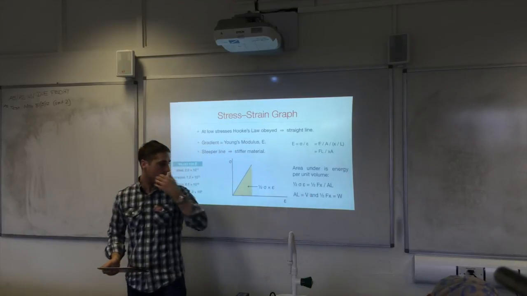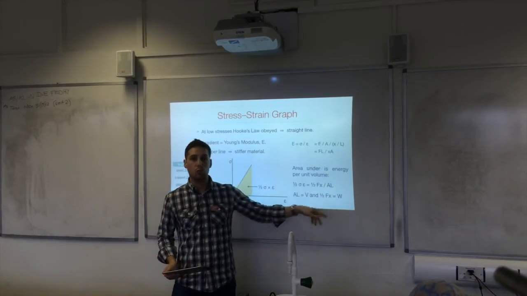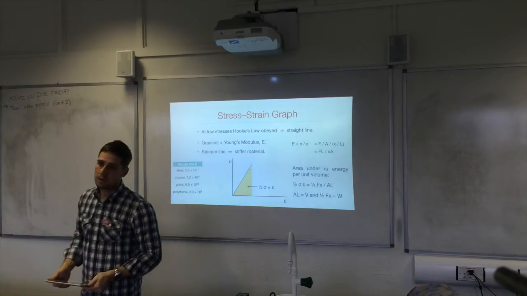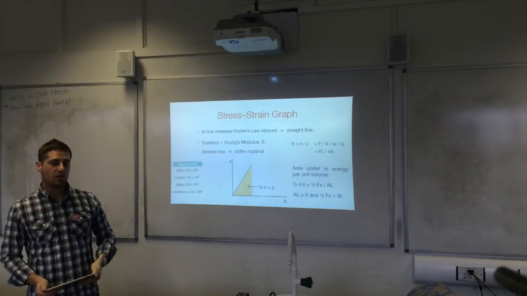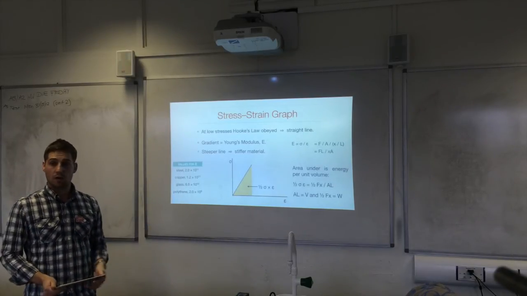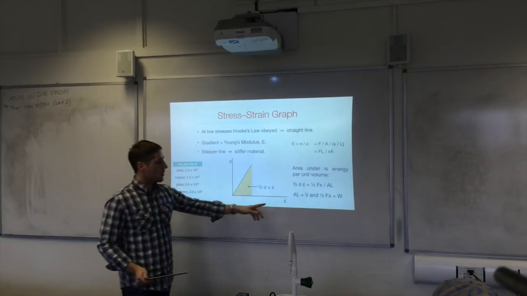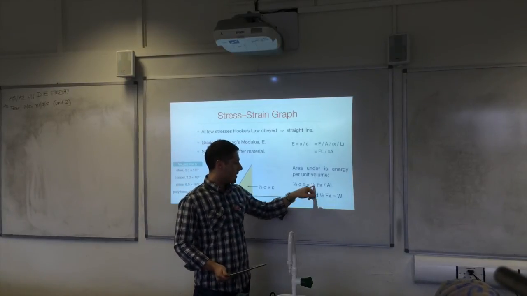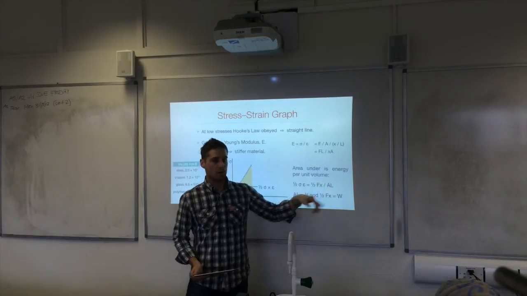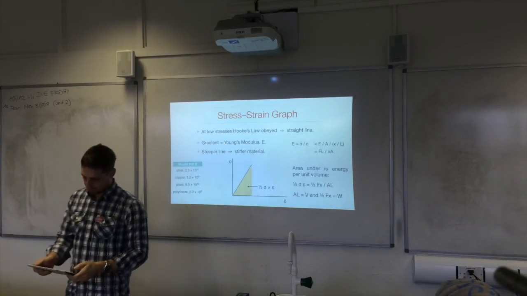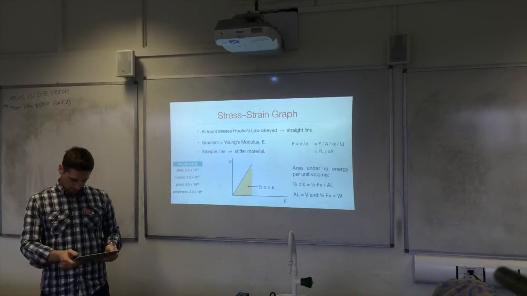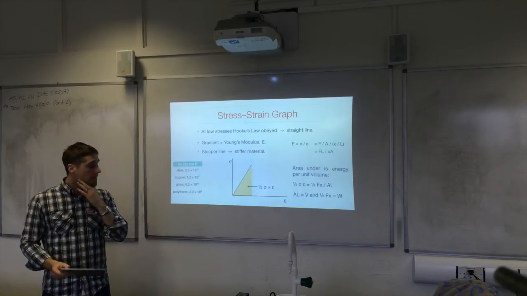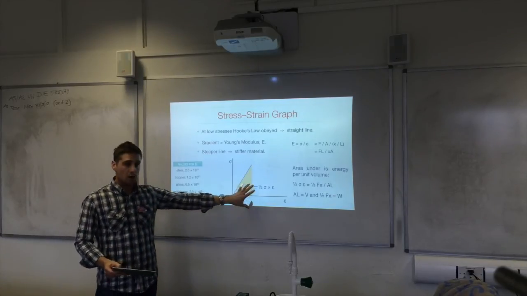And half Fx is the work done, if you remember, from the strain energy graph that I showed you. So you've got work done divided by volume, so work done per unit volume. Now, that's not required knowledge.